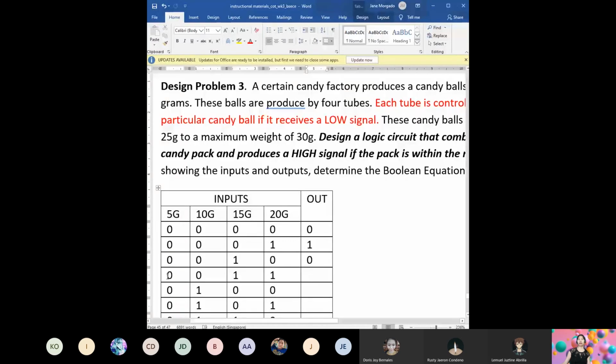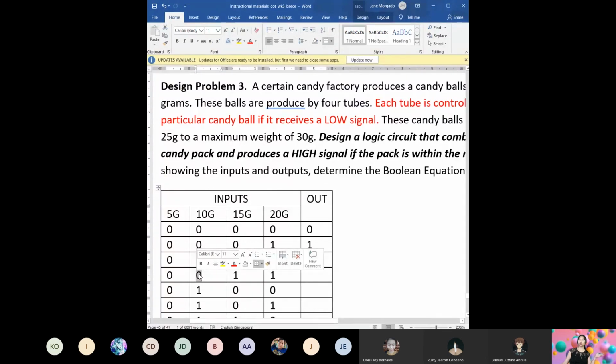Actually, this design problem number 3 is the opposite of the statement in design problem number 2. That's why you really need to understand the statement of the problem carefully. So here, we'll have an output when our input is 0. Such that we have 5 plus 10.